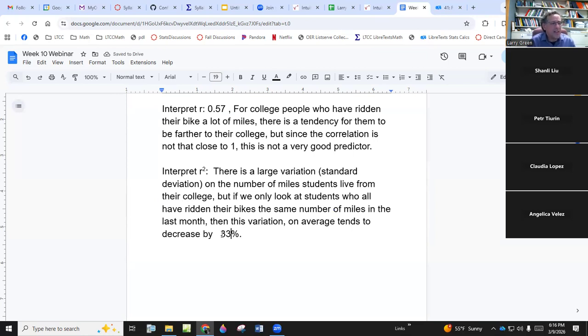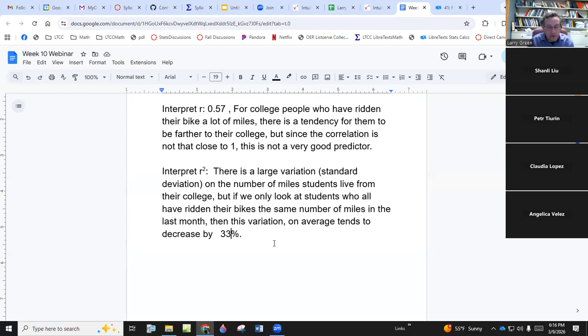So that's kind of the template for interpreting R squared: there's a large variation in the first variable. But if you only look at data values at which the first variable is all really close to the same, then that variation will drop by the R squared percent, turned into a percent. Any questions on that?